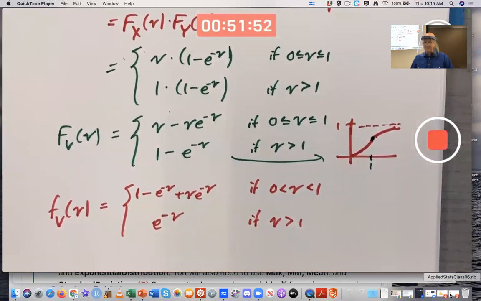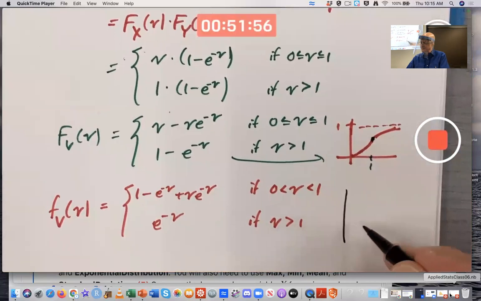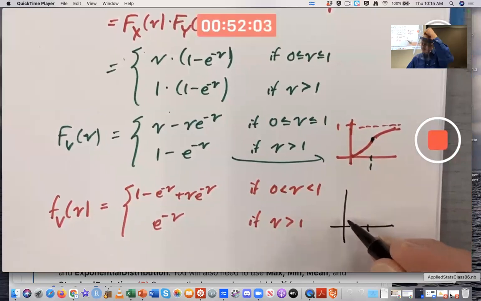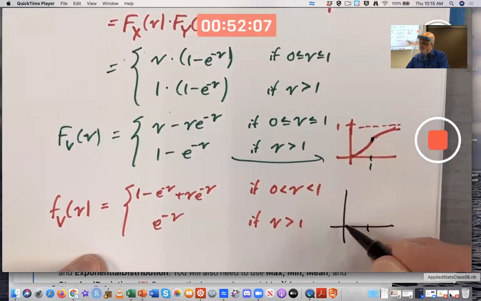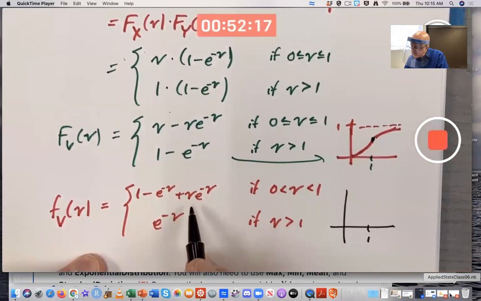And I believe the graph of this PDF ends up looking about like this. I'm not sure if it starts at 0 or not. Does v go to 0 or does this go to 0? Yeah, okay.